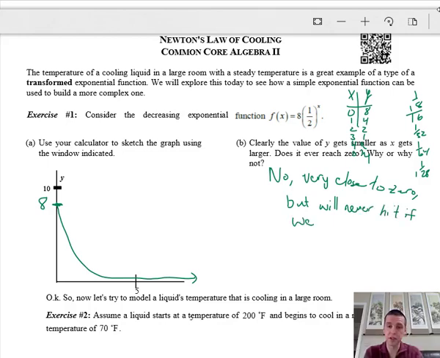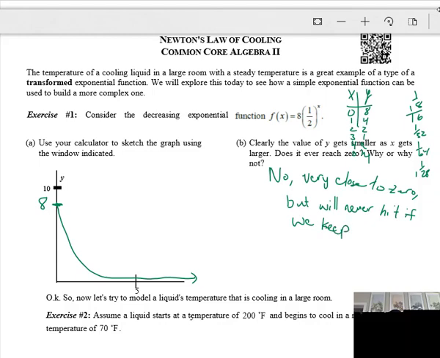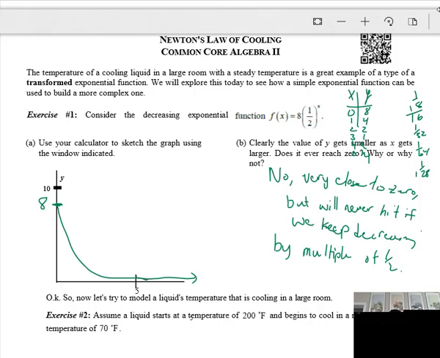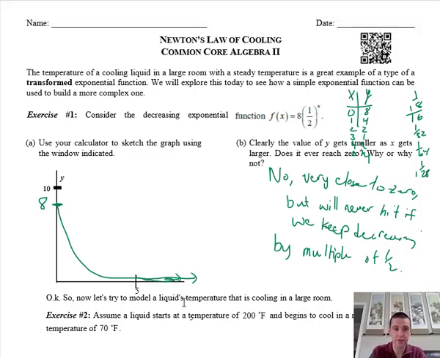If we keep decreasing by a multiple of 1/2. Okay, we're always going to get really close, but it's never going to hit it. And this could actually probably be even closer to 0 right there. But it's never going to actually touch it.